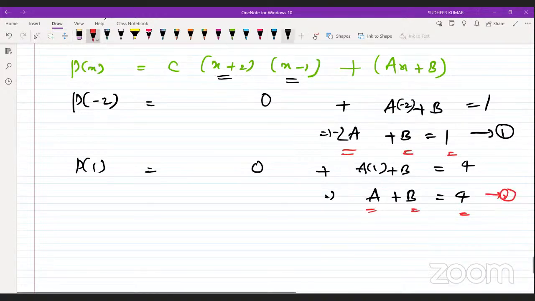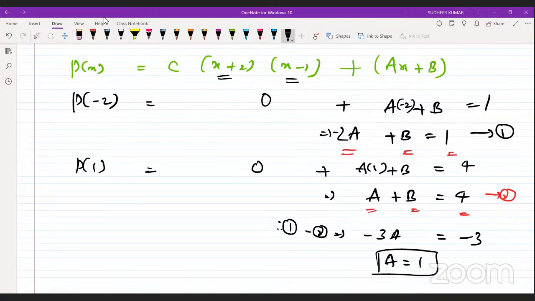Let's subtract 1 and 2. 1 minus 2 implies minus 3a equal to minus 3, so that a equal to 1. When a equal to 1, from a plus b is 4, b equal to 4 minus 1, which is 3.